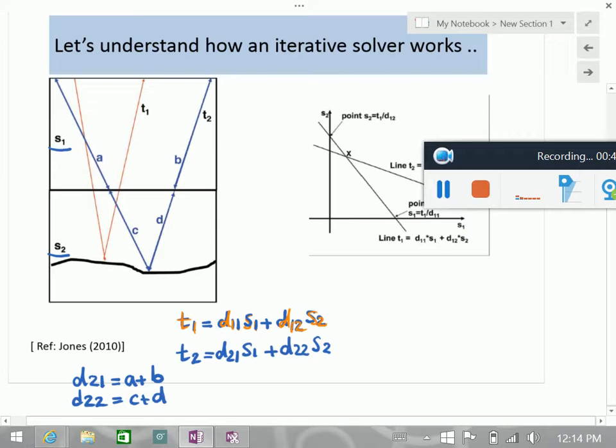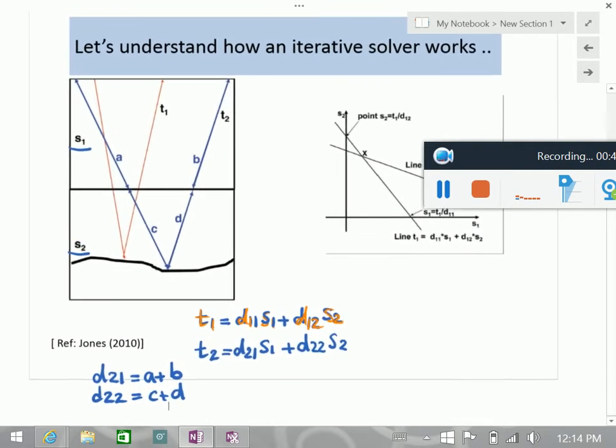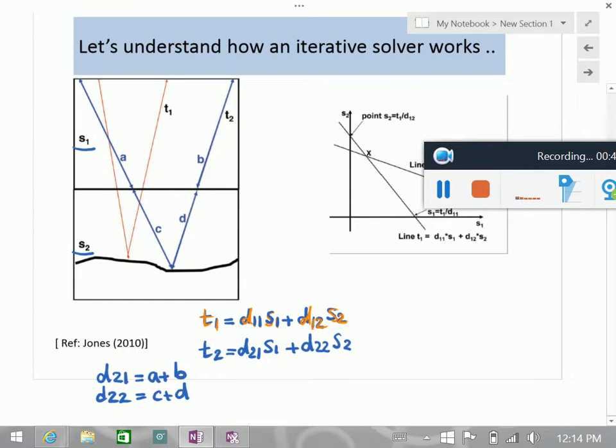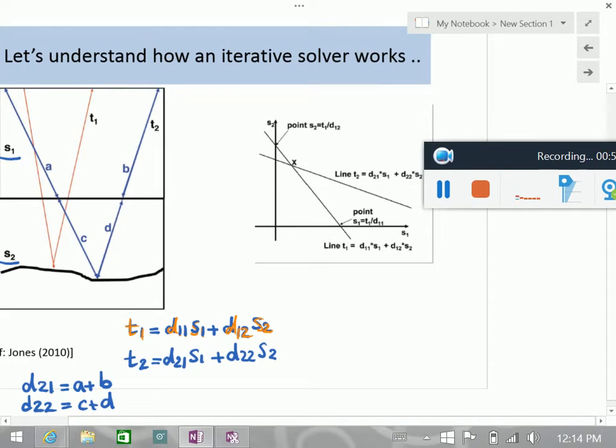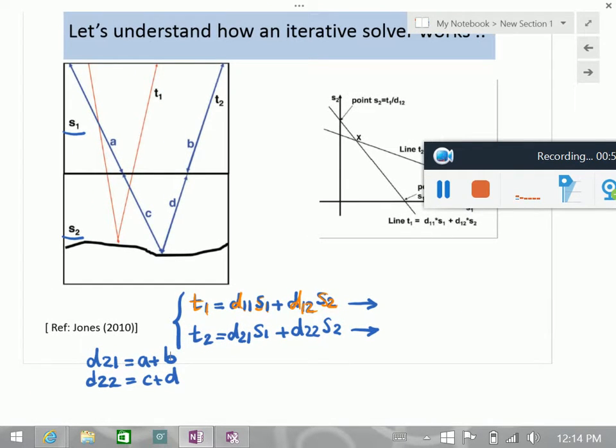So we have just two media, everything is very easy. I'm sorry, the D21 and D22, can you explain what they correspond to? So what is Dij?